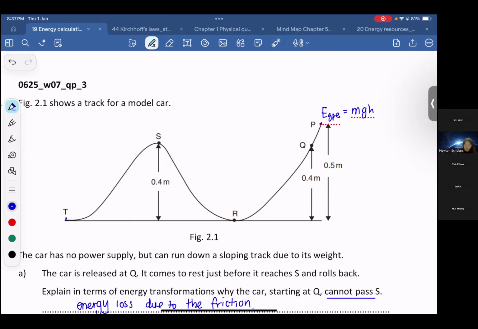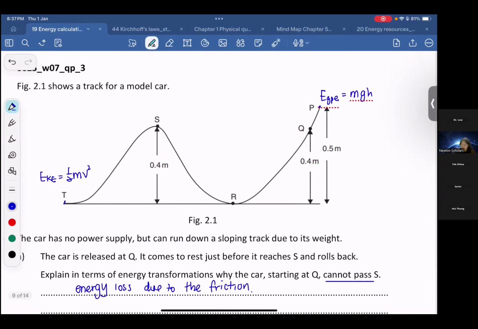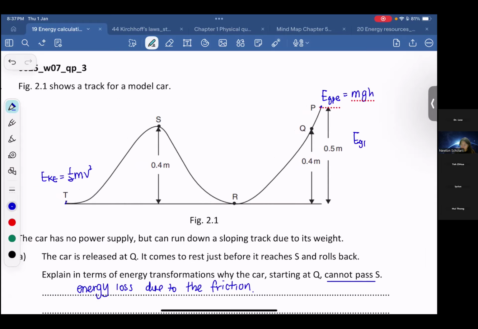Then T here is at the lowest position, so there is no GPE anymore. This is kinetic energy, 1/2 mv squared. So the GPE will be converted 100% to kinetic energy, because here they say ignore the friction.